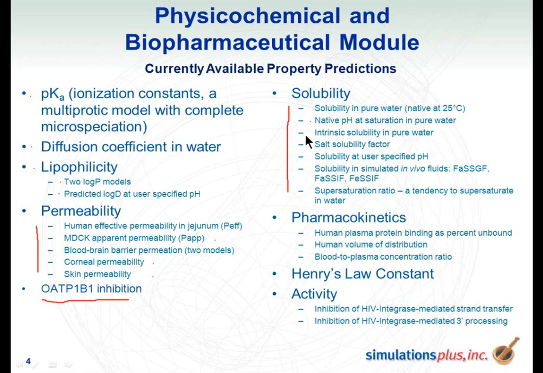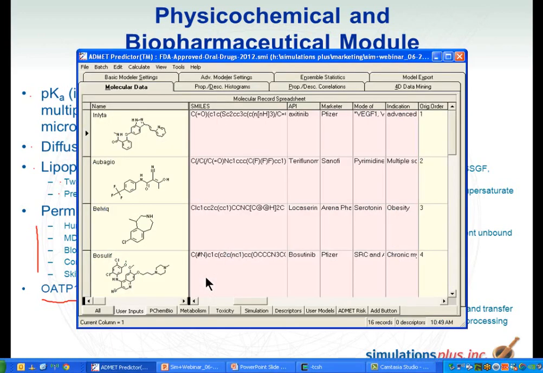Then we have several models for simulated in vivo gastric fluids, both fasted and fed states, supersaturation ratio model, several models for pharmacokinetics such as human plasma protein binding as percent unbound, volume of distribution, and blood to plasma concentration ratio. We have a Henry's law constant, which is the measure of a gas air partition coefficient, and then a couple of activity models. So let's just pop into ADMET Predictor.